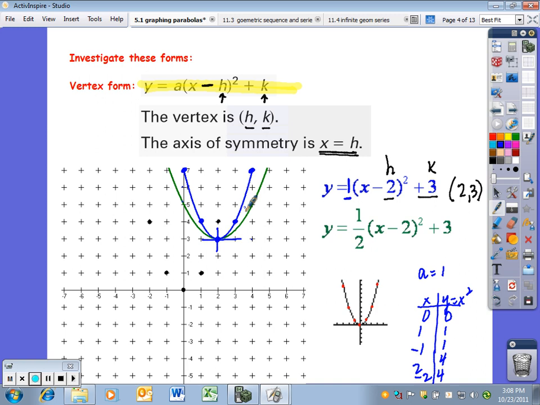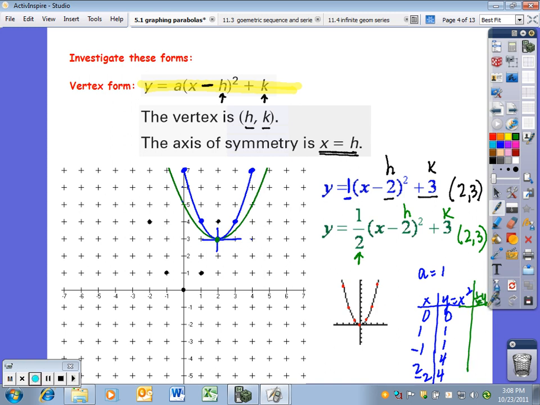Let's look at the green graph. Here's h, here's k. So again, 2, 3. If I take my parent function of (0, 0), shift right 2, up 3, I end up with the same vertex, (2, 3). But this time, my a is 1/2. So do I have a multiplier?